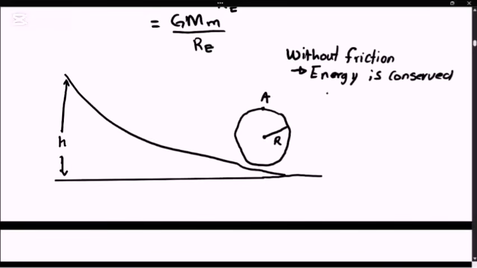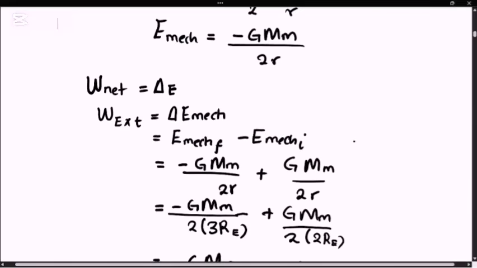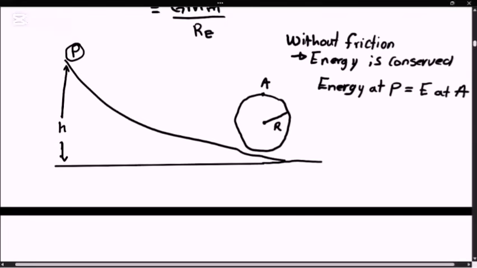Okay, let me make the highest point of the track P. So if my highest point of the track is P, energy at P is equal to energy at A. Checking from point P, the bead was at rest, which means initially I had only potential energy. Potential energy is equal to mgh, so energy at P is mgh.